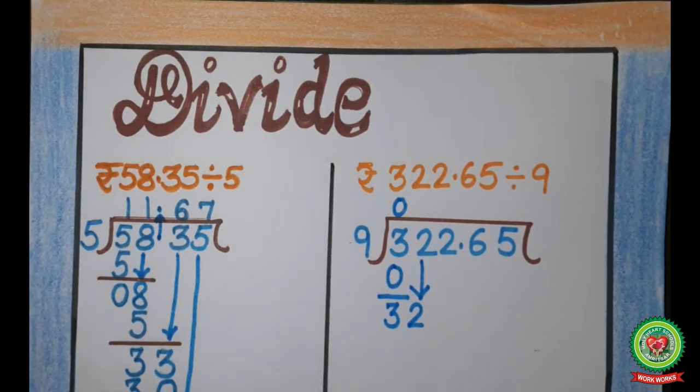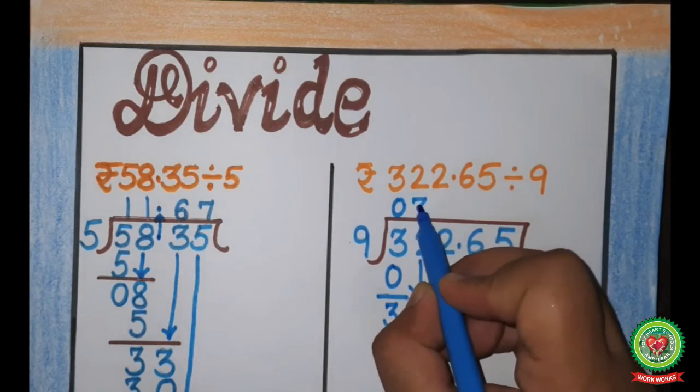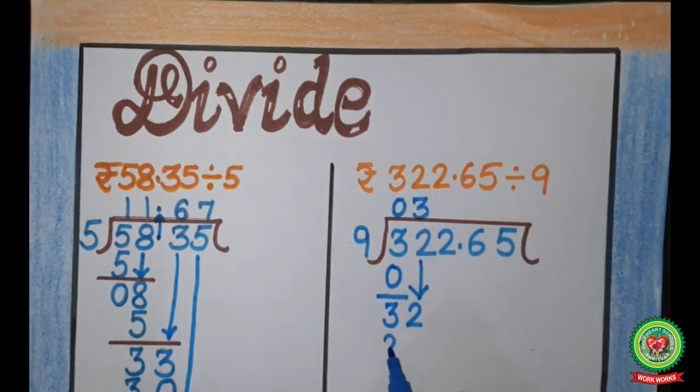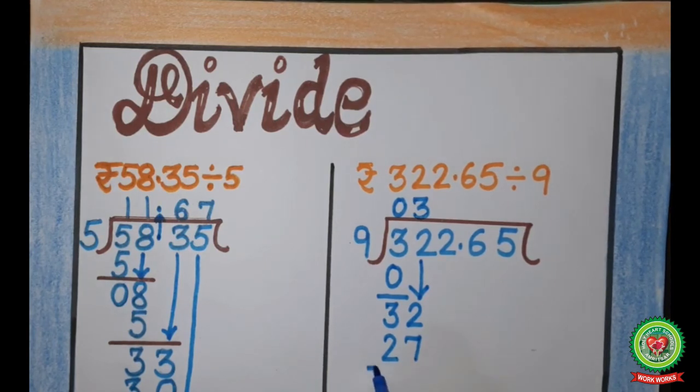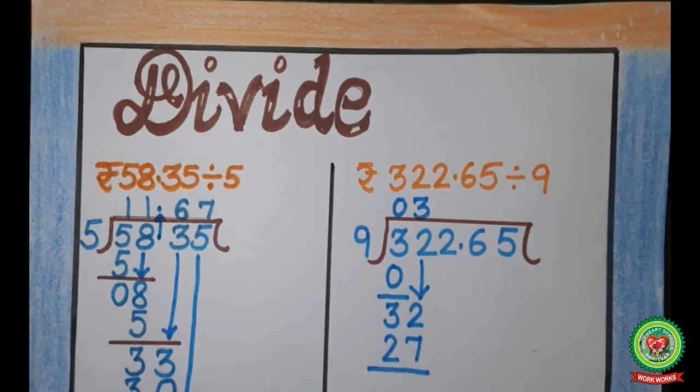On the 9 table, 32 comes? No. And the number that is less than 32 is 27. And 27 comes on 3. 9 threes are 27. Now next step is do minus. Now can I subtract 7 from 2?